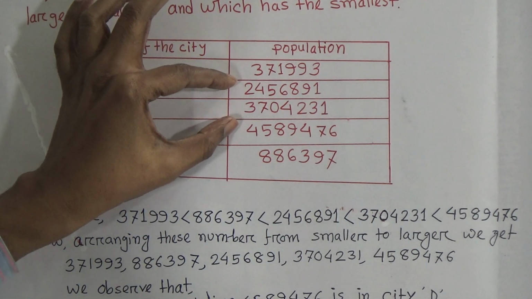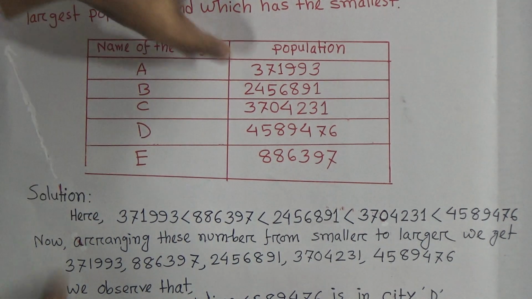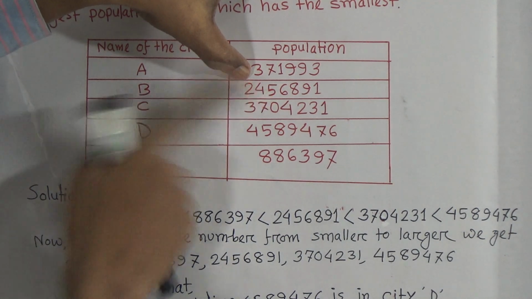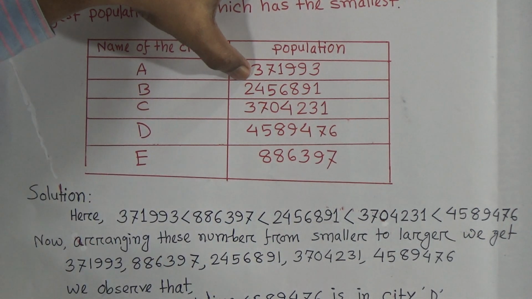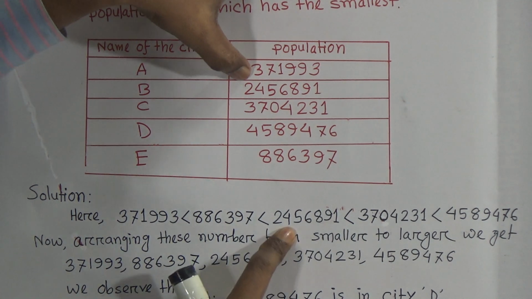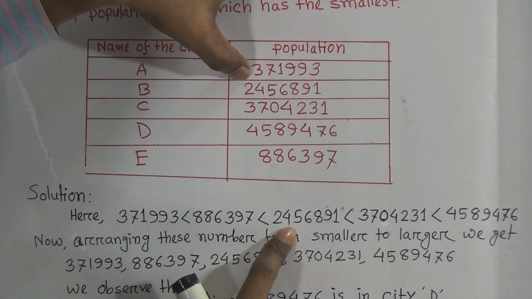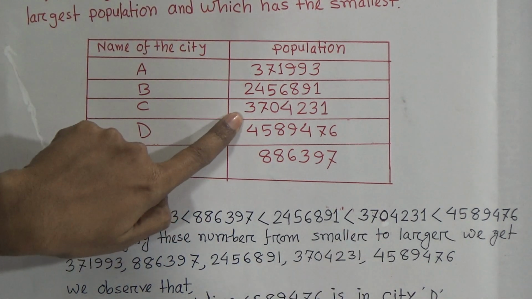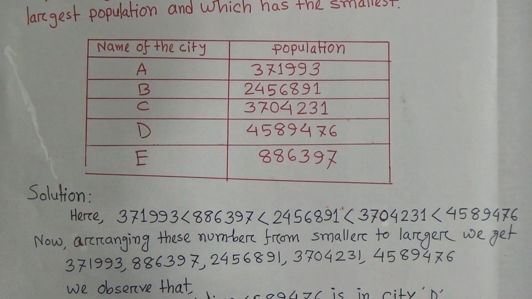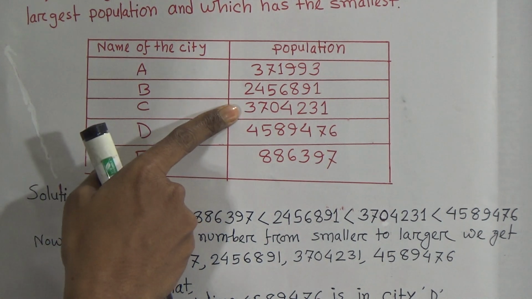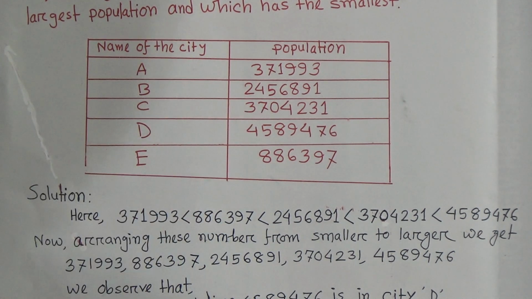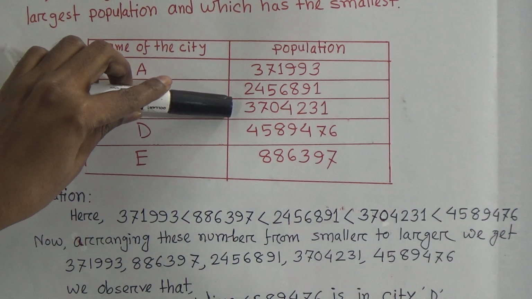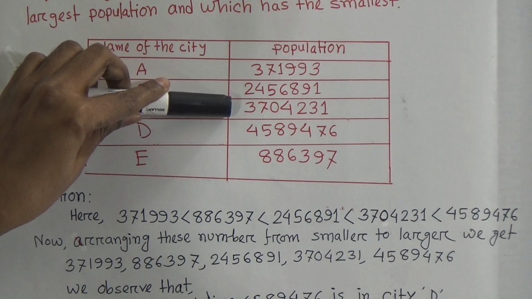You see, this is 24,56,891. So I have written here. Then except this, you see, 37 lakh 4,231.